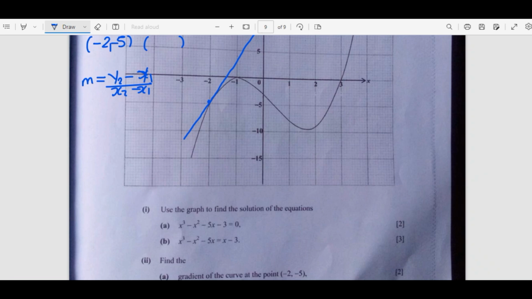We are going to get any 2 points of our choice on the line that we have drawn. Please make sure that you choose a point that will not give you issues when finding the final answer. So let's say I will take them from here. If I take them from there, the y is negative 10, then the x is negative 2.8.